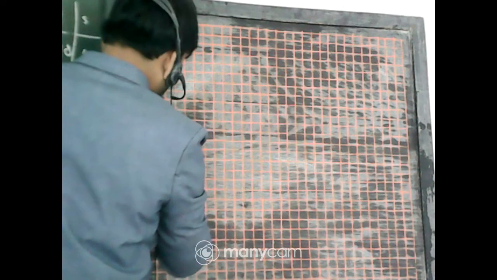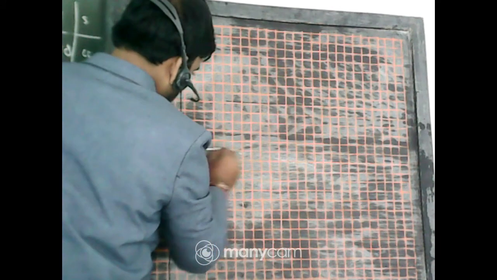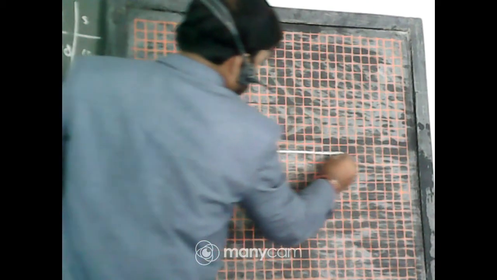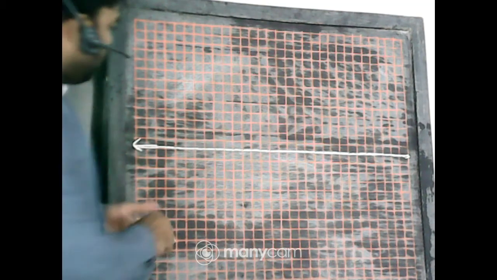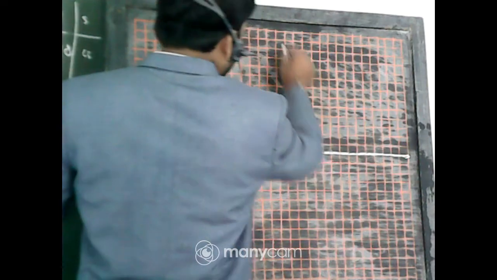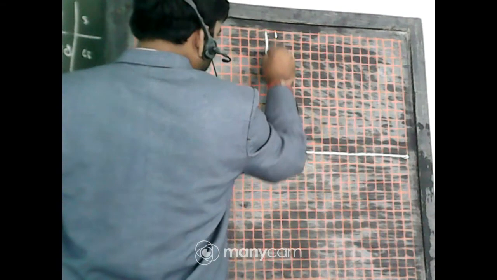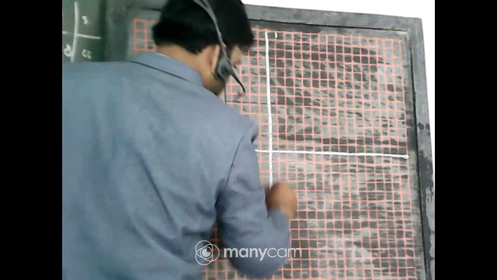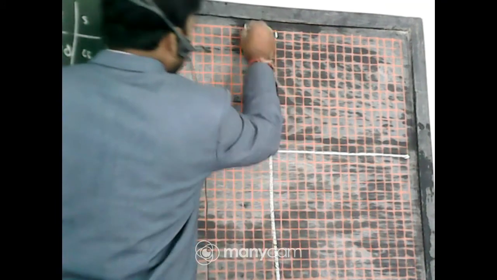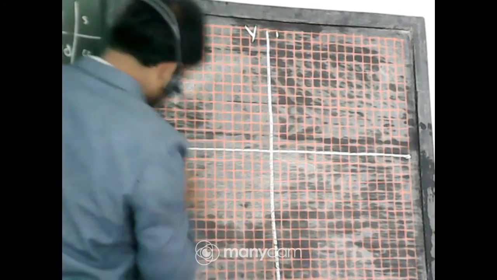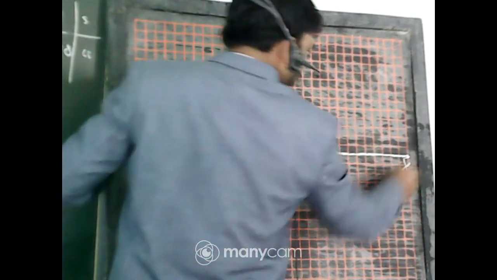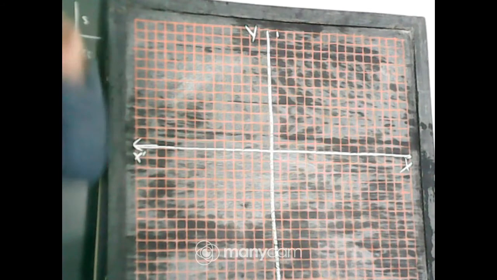X axis along this line, that is horizontal, and that is vertical line. That is y axis. Okay, x dash and y dash, these are the x axis and y axis.